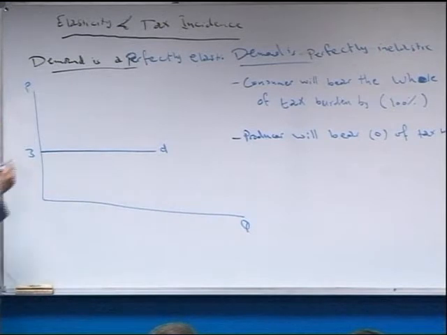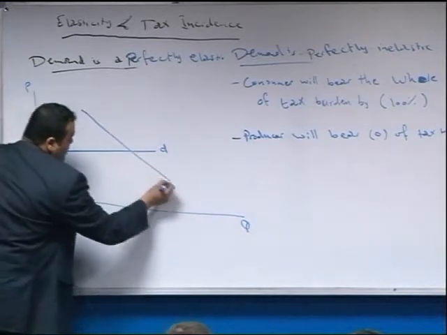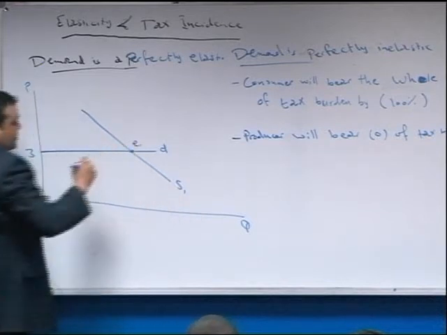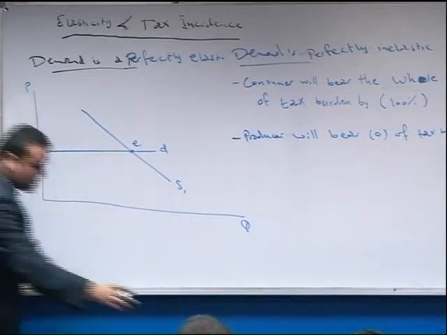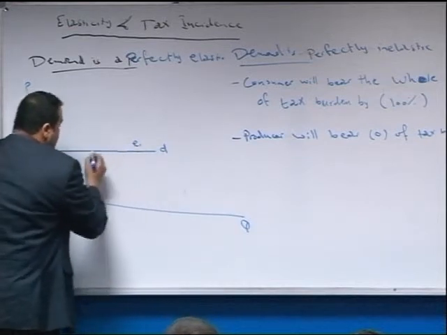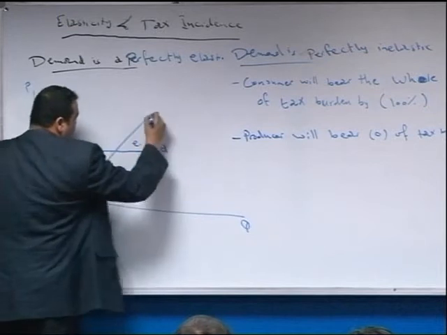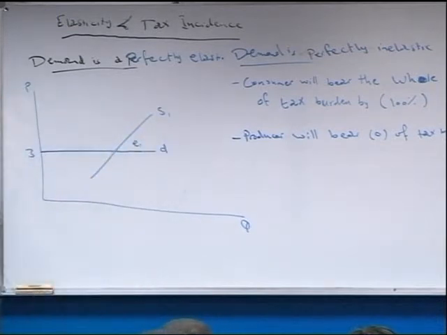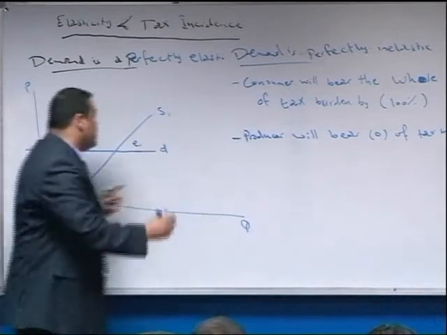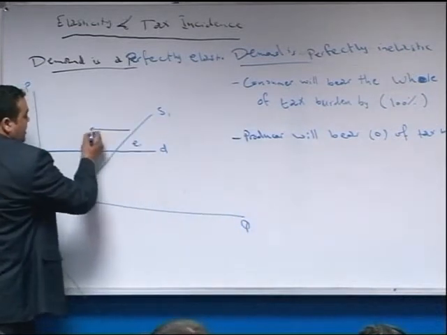Suppose that this is the supply curve, S1, and this is E1. The price is 3. Suppose that the government imposed a tax of $1. This leads to a leftward shifting of supply.